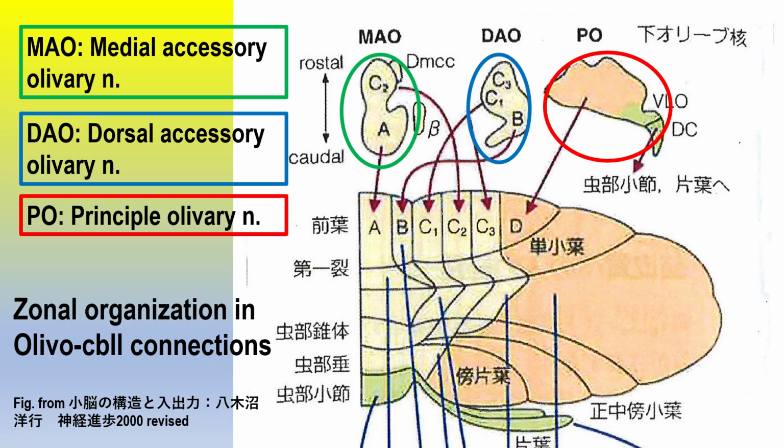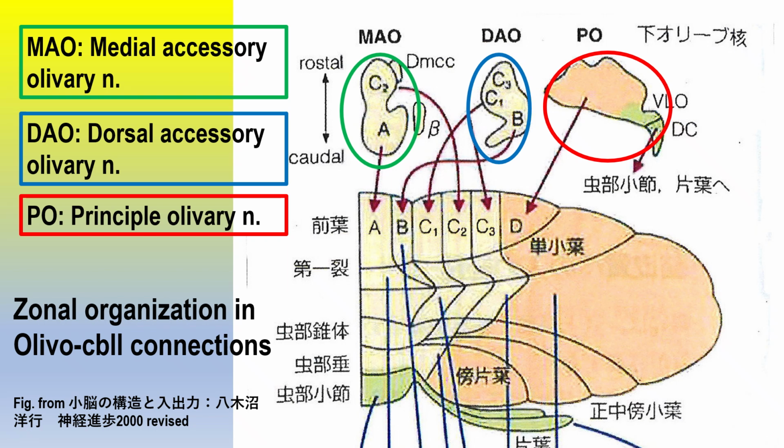Cerebellar cortex is divided into anterior-posterior or sagittal zones, designated A, B, C1, C2, C3, and D from medial to lateral, with each zone receiving projections from specific regions of the contralateral olivocerebellar nucleus.